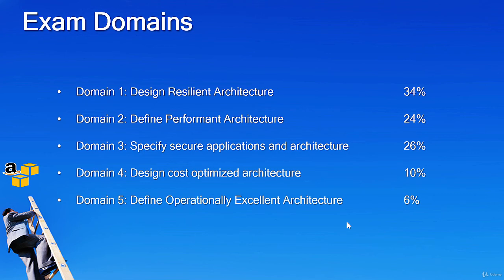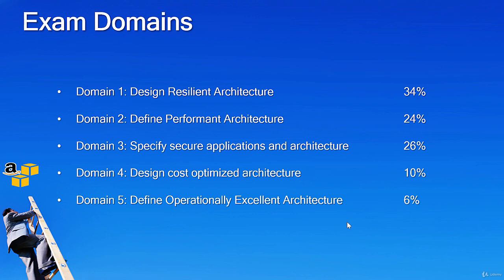We have 5 domains here. Domain 1, design resilient architecture, covering 34%. Domain 2, define performant architecture, covering 24%. Domain 3, specify secure applications and architecture, covering 26%.